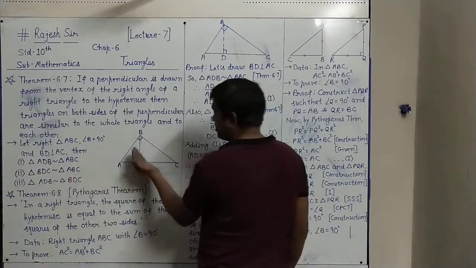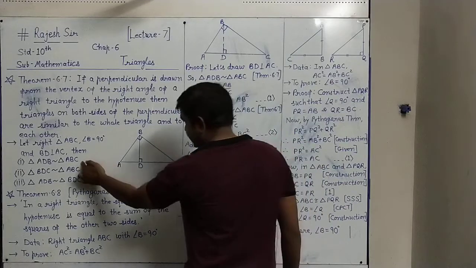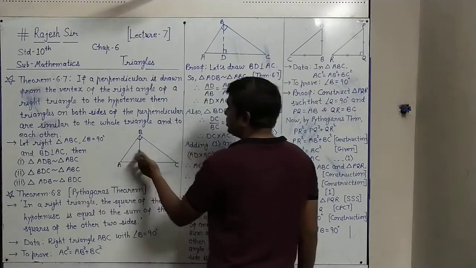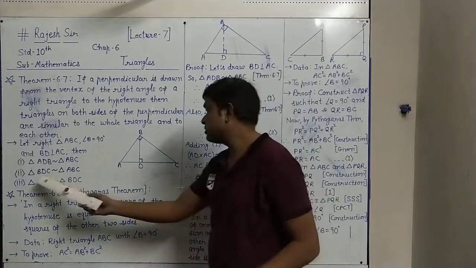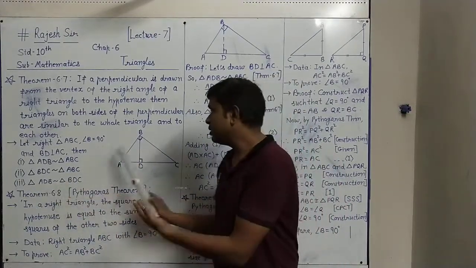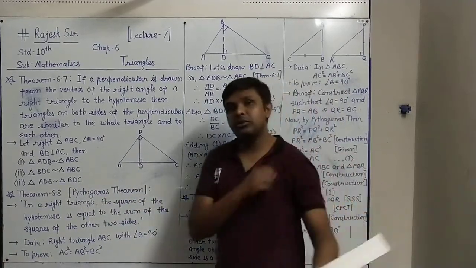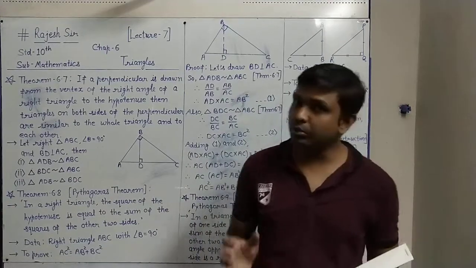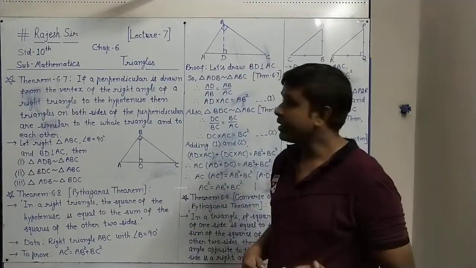Second, triangle BDC is also similar to triangle ABC. And both triangles so formed are also similar to each other, that is triangle ADB is similar to triangle BDC. This is theorem 6.7.